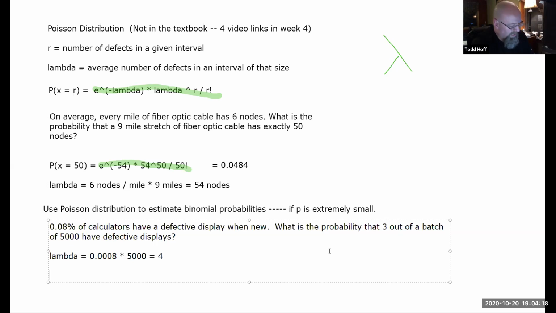So now that we have lambda, the probability of x equals 3 is e to the power of negative lambda, negative 4, times 4 to the power of 3 divided by 3 factorial. So let's do that on the calculator and get an answer here.